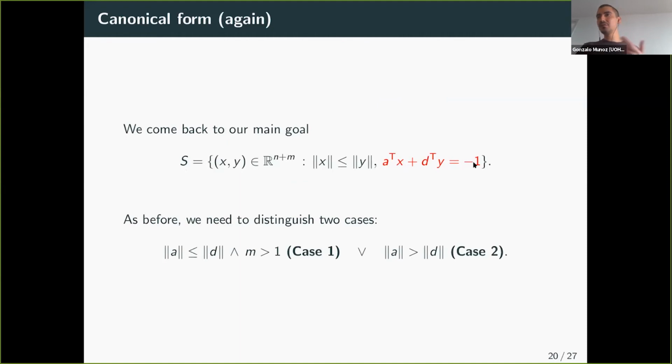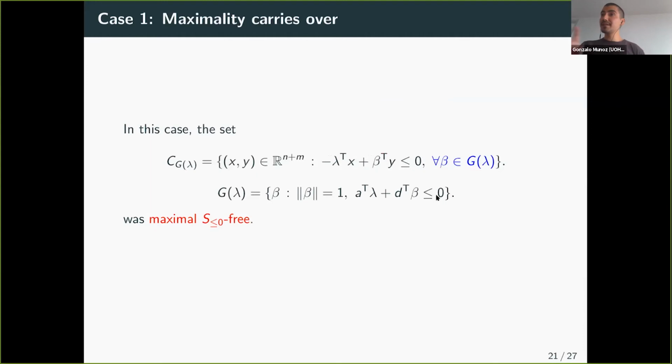So again, we have to distinguish these two cases, depending on where the norm of A stands, if it is greater or not. In the first case, the easy case, the case where I just removed inequalities, remember? In that case, maximality carries over to this other set. So that was easy to obtain, so I'm not gonna talk too much about that.